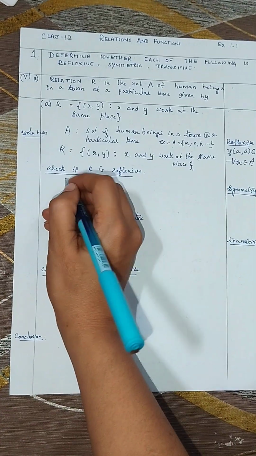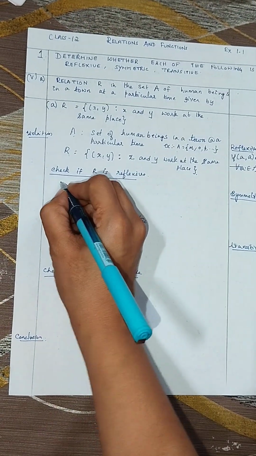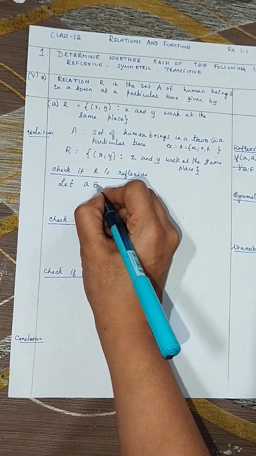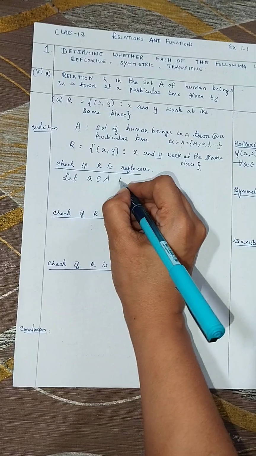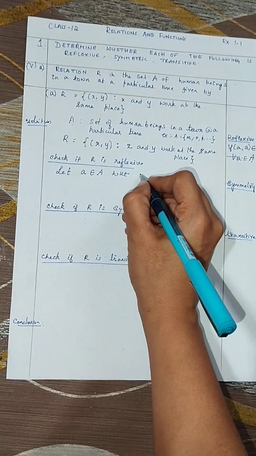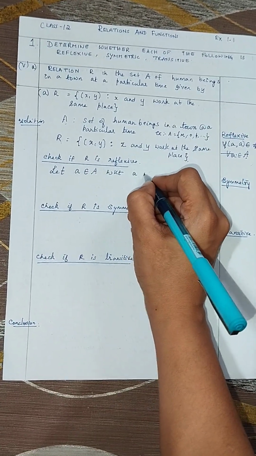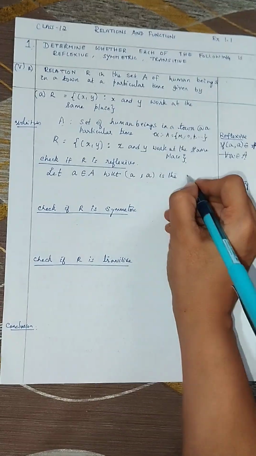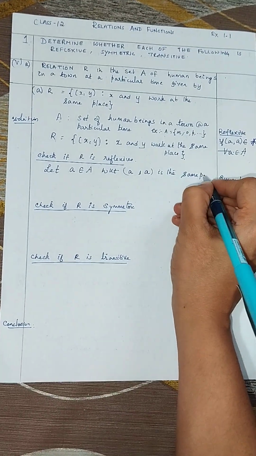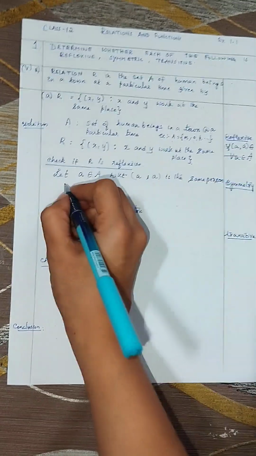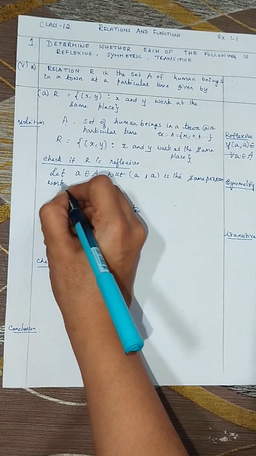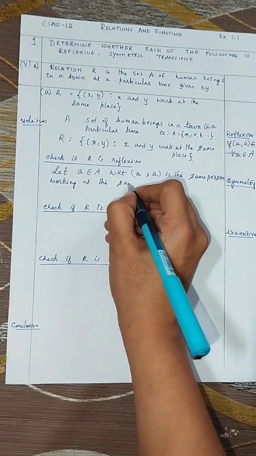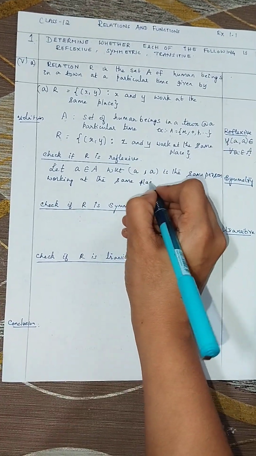Okay, so if it is reflexive, we know that let a belong to A. We know that (a, a) is the same person working at the same place, right?